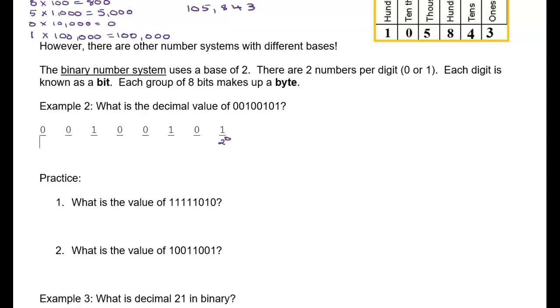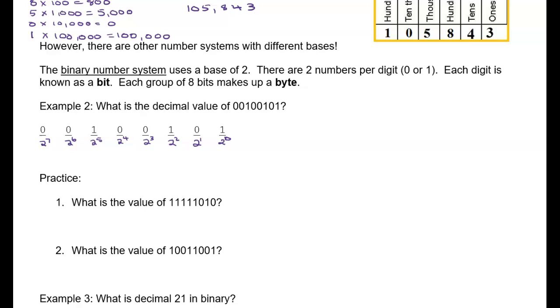The next digit is 2 to the first power, the next is 2 to the second power, the next is 2 to the third, then 2 to the fourth, 2 to the fifth power, 2 to the sixth power, and 2 to the seventh power. These are all just powers of 2.